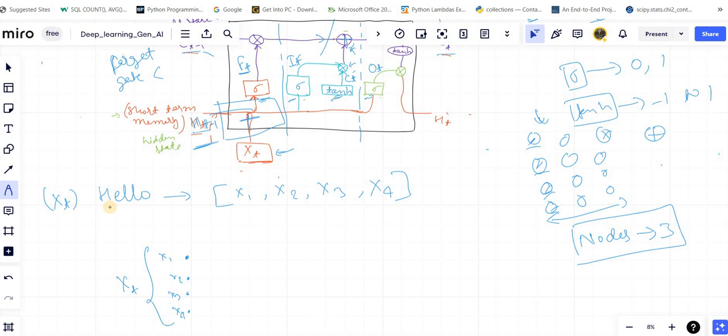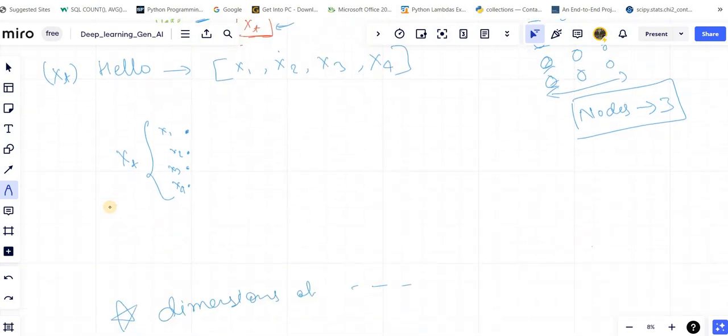This section means I am trying to concatenate two vectors. Concatenation means, let me change the color here: 1, 2, 3. And why am I taking 3? Because I have taken the nodes as 3, so ht minus 1 is 3.